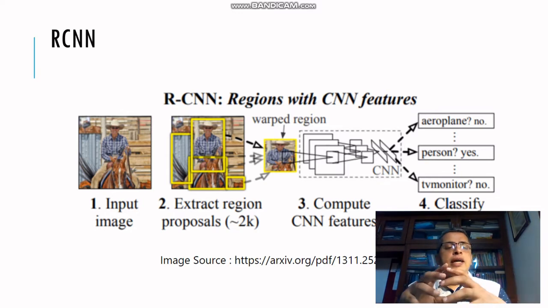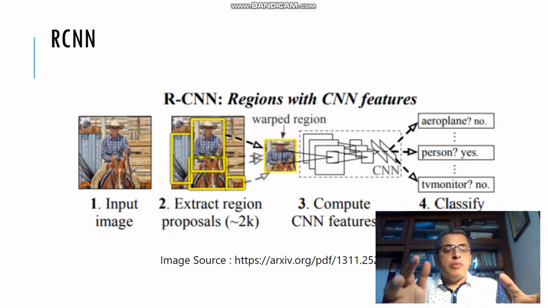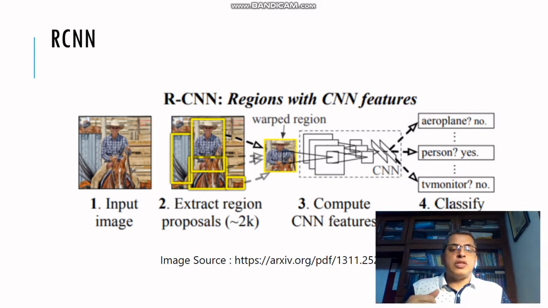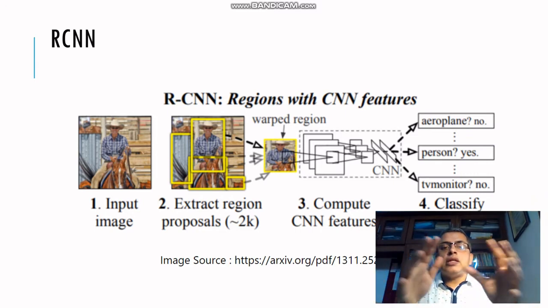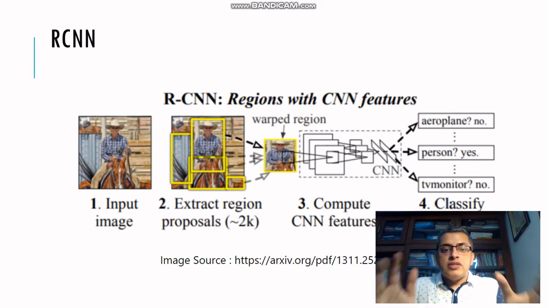Now RCNN has got different moving parts. The first process is that you input an image, and after you input an image, you extract regions of proposal. What do you mean by regions of proposals? They are just proposals saying that there is a likelihood of finding an object within this region, and to extract these regions of proposals, an algorithm called selective search was used.